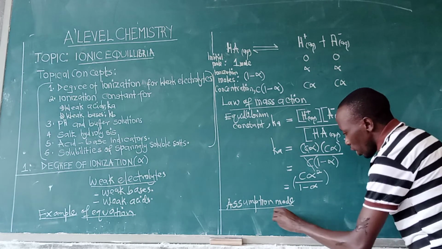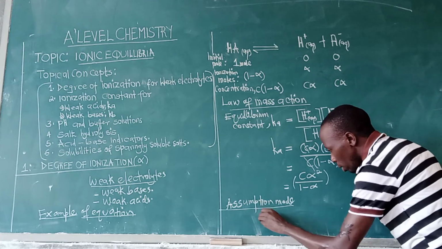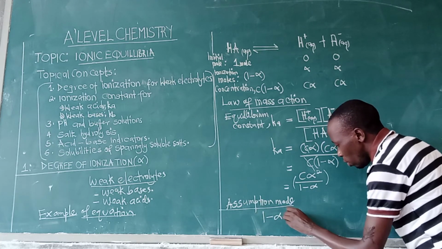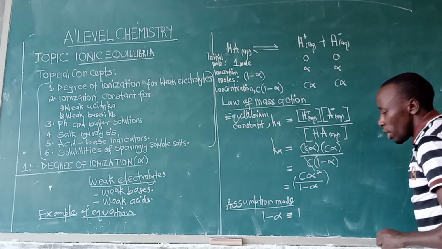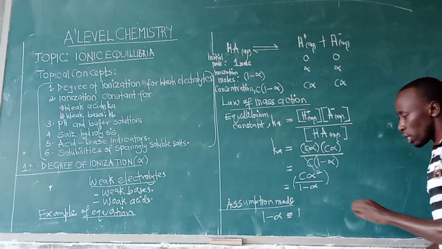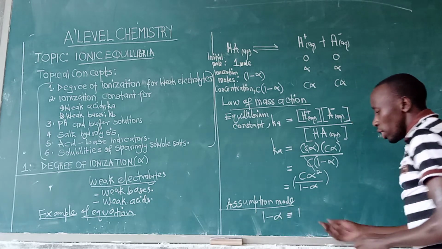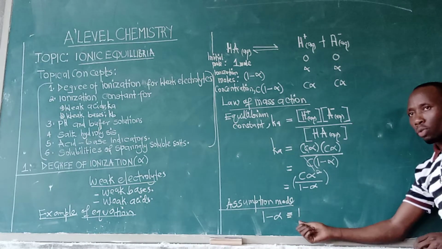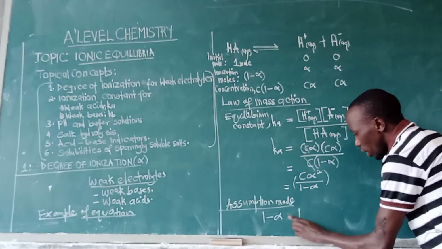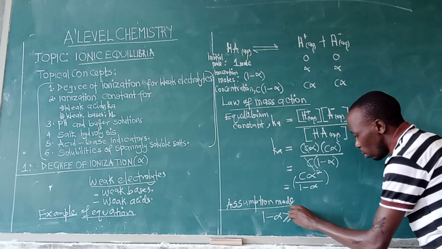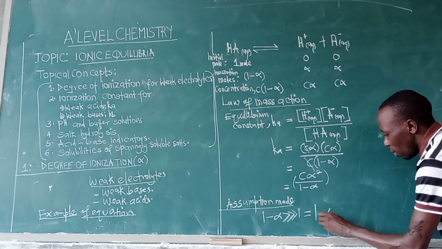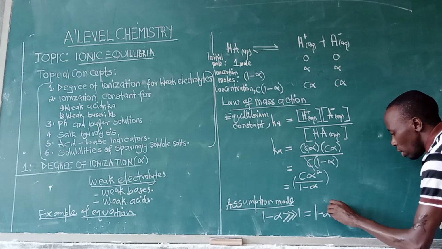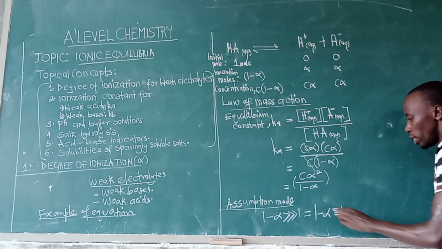Now here we shall say 1 minus alpha is approximately equal to 1, or alpha is as small as possible. That means 1 minus alpha is the same as 1 in this case.